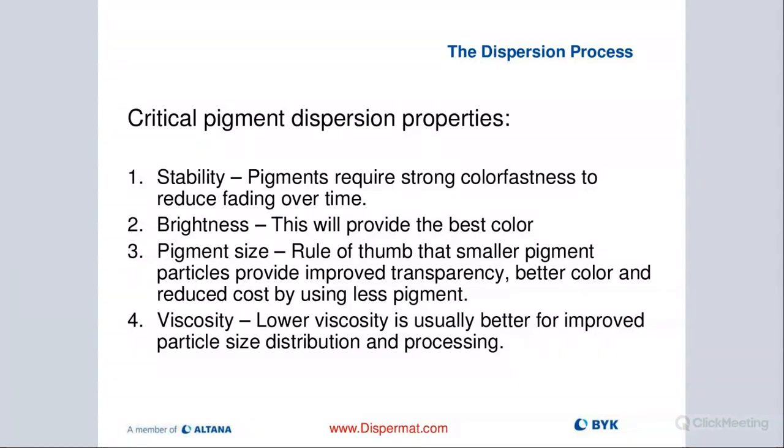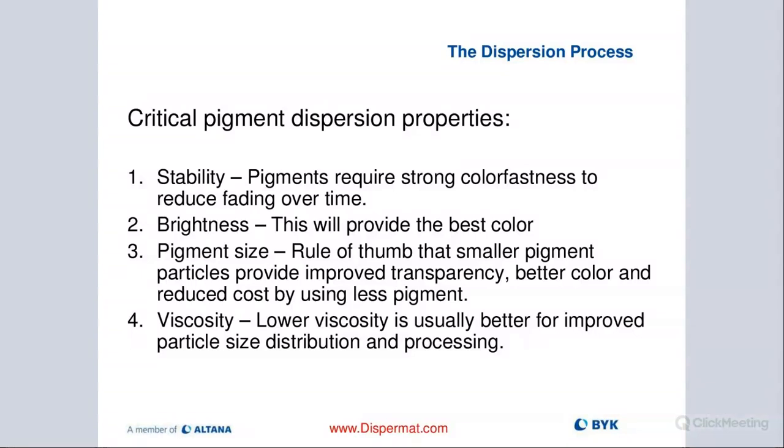And then viscosity is important. The lower the viscosity, usually the better for processing, and that leads to improved particle size distribution as well as processing. But we don't want to be too low in our viscosity, so there is a good range, usually from 1,000 to 10,000 centipoise. 5,000 would be really a sweet spot.